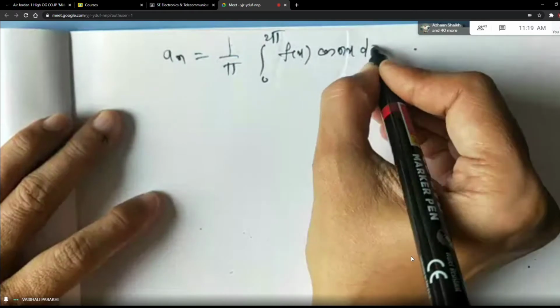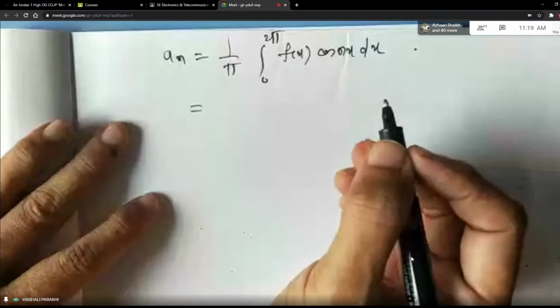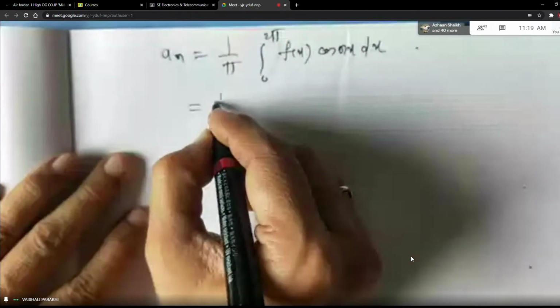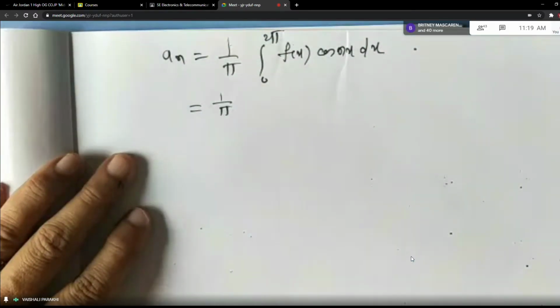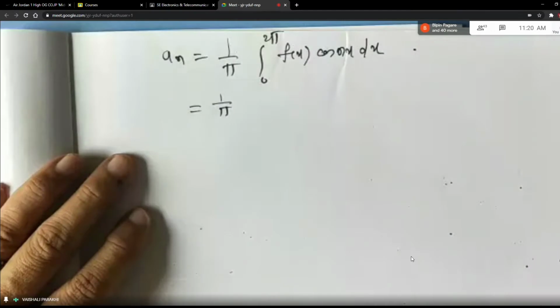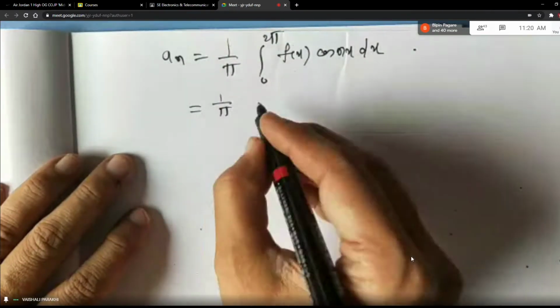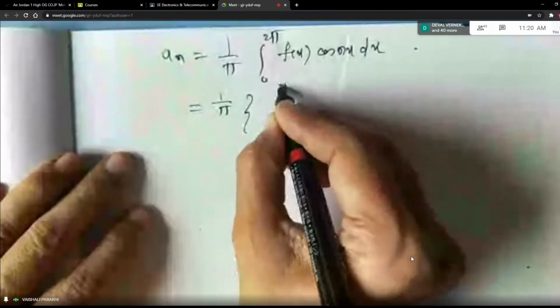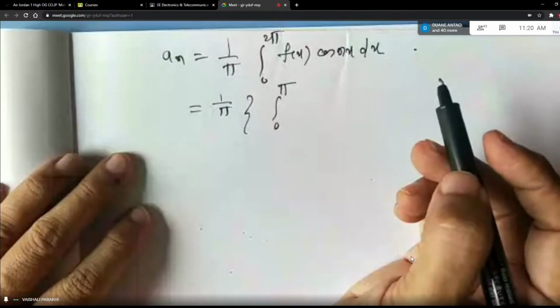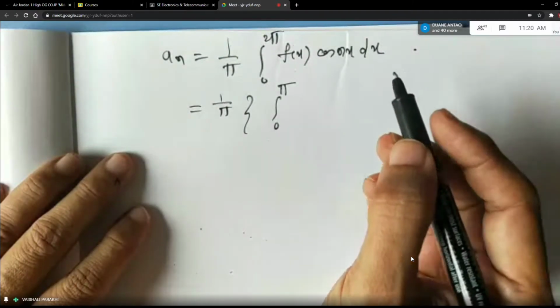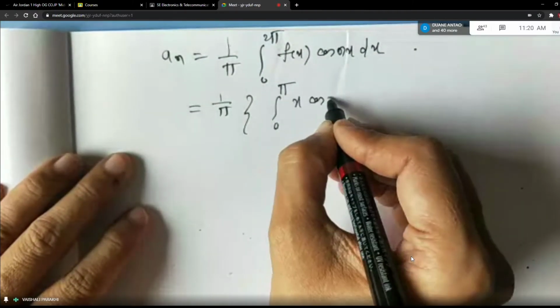Very good. Can you tell me the splitting also, Brittany? Because our interval is not from 0 to 2 pi in the problem, right? So how is the splitting? Ma'am, it's integral 0 to pi. What will f of x be in that case? x. F of x will be x, cos of nx.